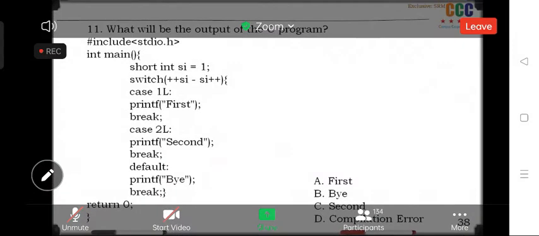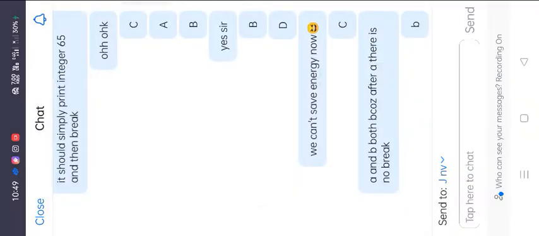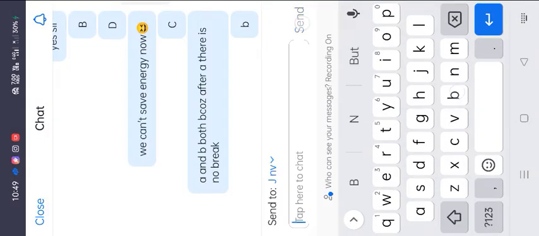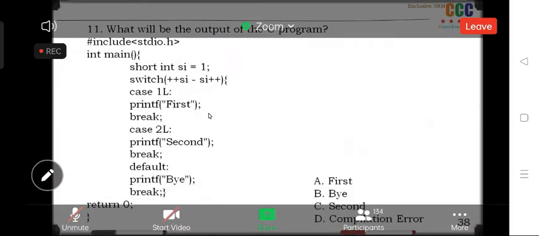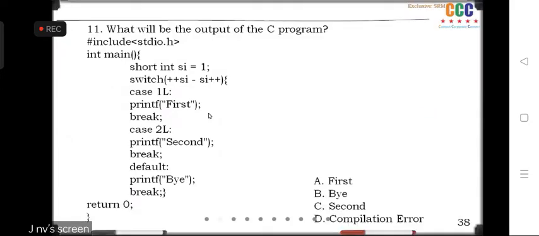Harsha, compilation. Now, most of you are saying compilation error. Mohit is saying it is by. Default, by. Harsha is also saying by. How are you getting that by, Mohit and Harsha?